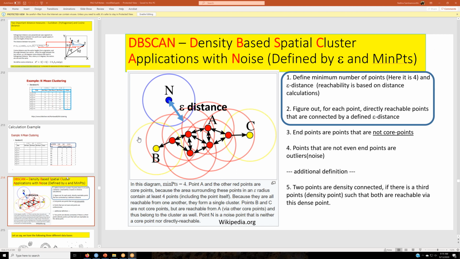So basically, we scan the data points with this circle. If this circle doesn't have 4 points, which is our condition here, then we say it is a boundary point.